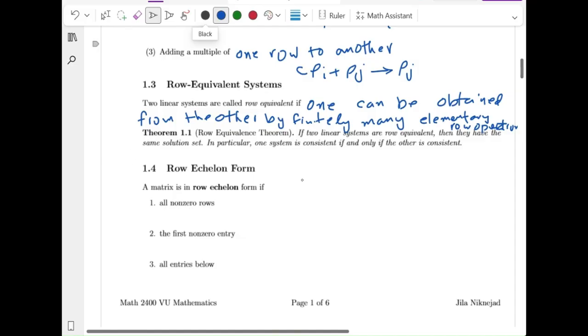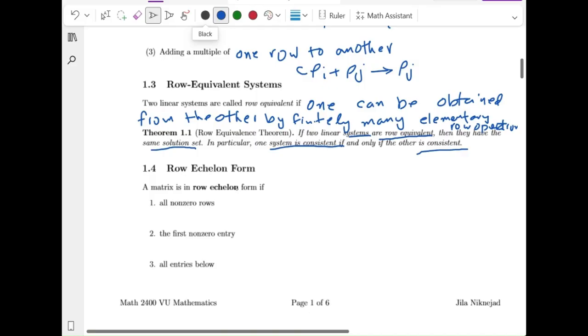The fun part of this, and we talked about it last time a little bit, is that when you have two linear systems that are row equivalent, they actually have the same set of solutions. If one is consistent, the other one has to be consistent as well.